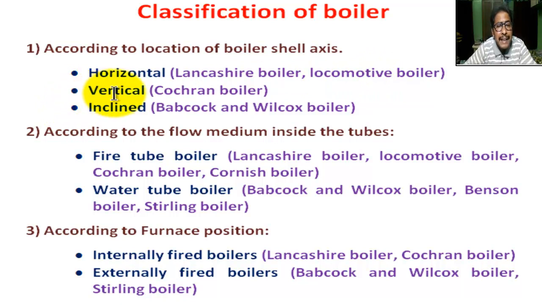Next, vertical boiler. If the axis is vertical, the boiler is called vertical boiler. Vertical boiler occupies less floor area. Example: Cochran boiler.